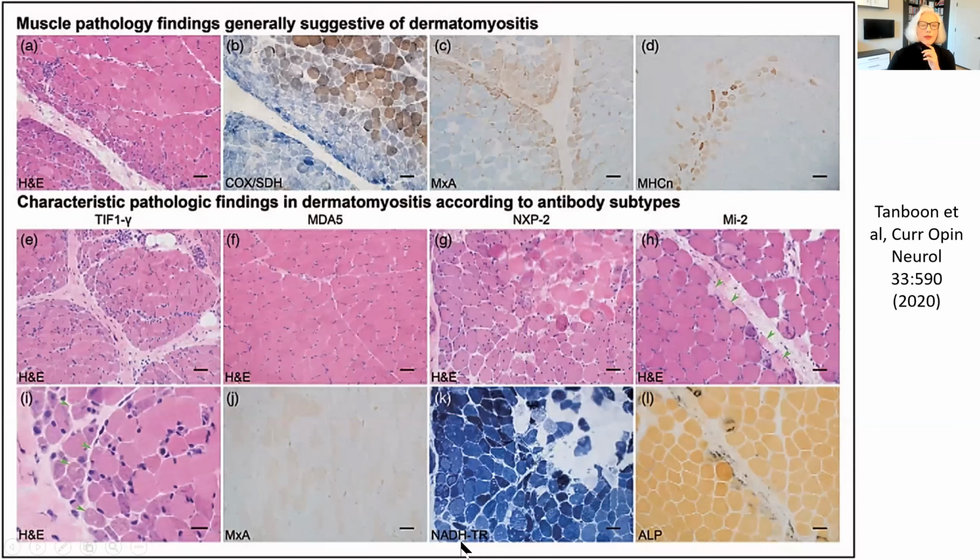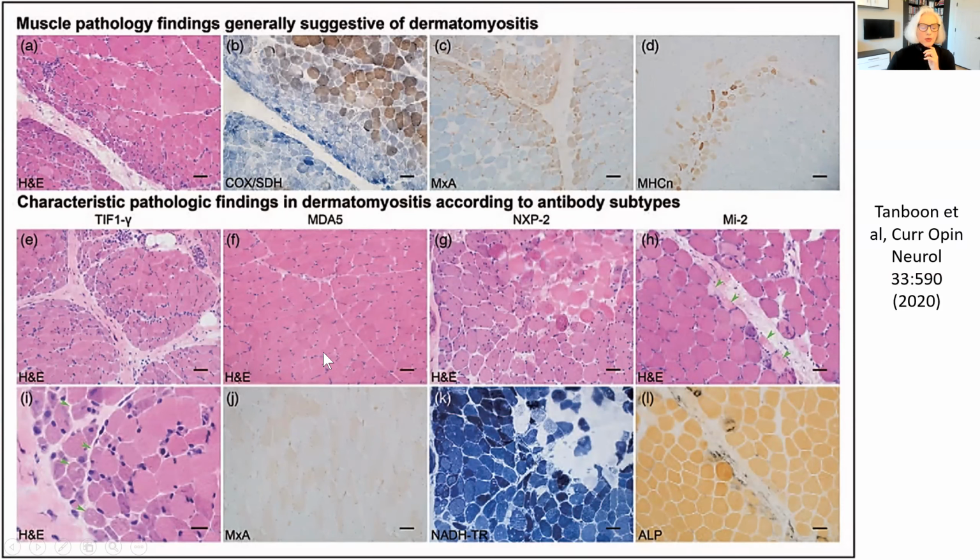So here is a nice figure from a paper by Gentima Temboon and collaborators, where they highlighted these different features. So these are some of the common things that you can see across most of these, except for anti-MDA5: perifascicular atrophy, loss of COX and SDH activity in the perifascicular areas, MXA mostly in the perifascicular areas, and then here is the neonatal myosin, which is a marker of regeneration, and you can see that primarily in the perifascicular fibers.